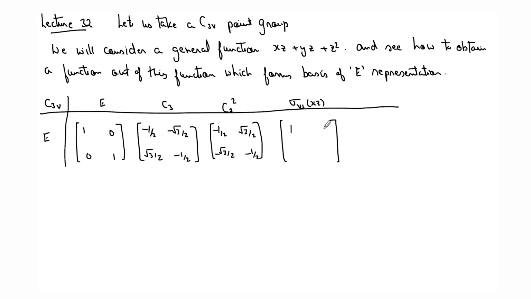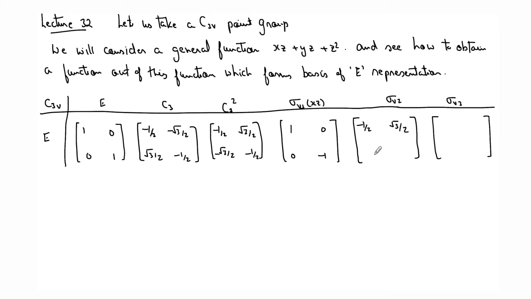So this will be 1 0 0 minus 1, and for the other two, sigma v2, this also we have learned how to write the matrices, right? So I'm just writing it straight away. You can work it out yourself how to do this.